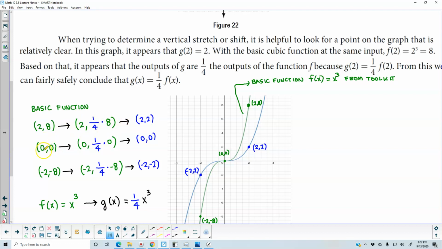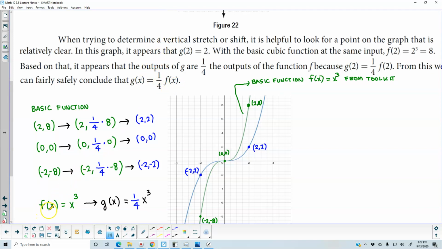If we look at our other ordered pair, (0, 0), 1/4 times 0 is 0, so (0, 0) is still there. And then if we have (-2, -8) from our original function, and multiply the output by 1/4, we're going to get (-2, -2), which proves that this new function is 1/4 times f of x.